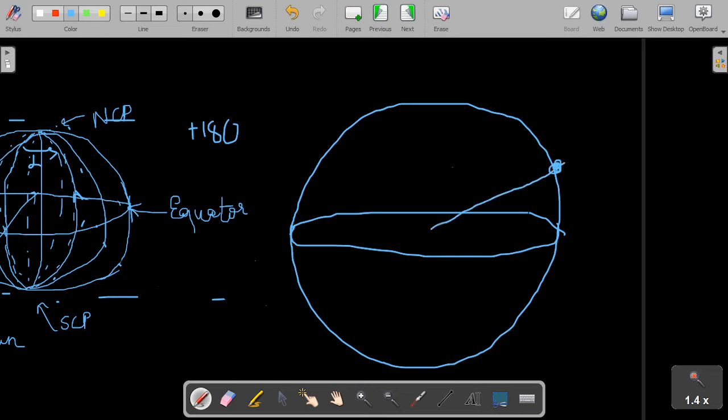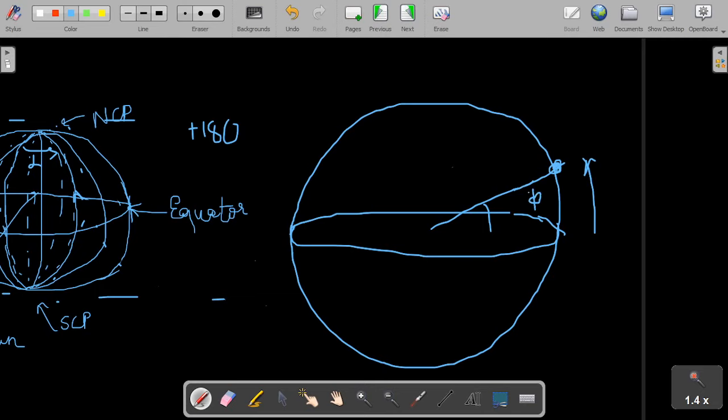So the latitude of the observer is the angle made by the line connecting the observer to the center of the Earth with the equatorial plane. And it is measured in degrees north. Basically, if this angle is alpha, let me just take it as phi, because alpha is kind of reserved for something else, but it doesn't really matter. Let's just take it as phi.